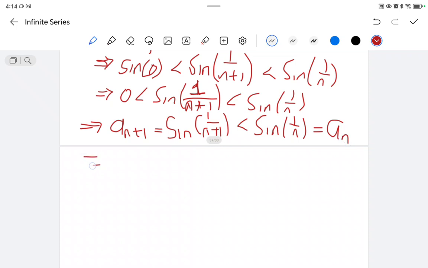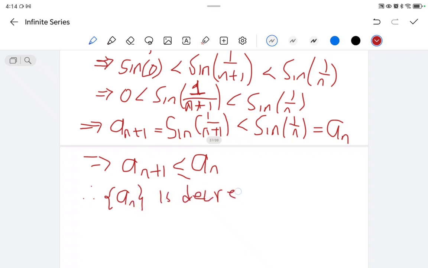This implies that a of n plus 1 is less than or equal to a of n. So that is true, right? Therefore we know that a of n is decreasing.